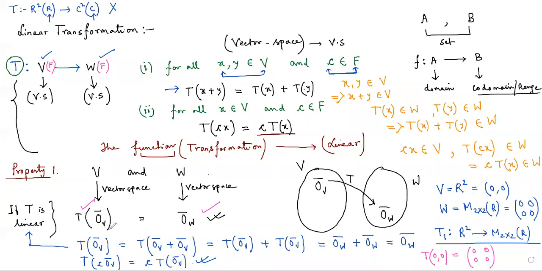If the transformation is linear, then it takes the zero vector of one vector space to the zero vector of the range or codomain. So this will become the image of this if capital T is linear. So it is the property of the linear transformation. Understood? Yes, sir.